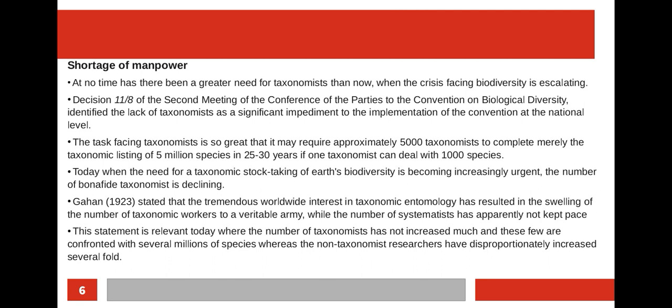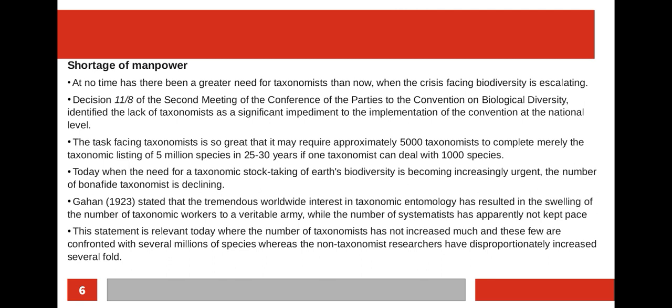The task facing taxonomists is so great that it may require approximately 5,000 taxonomists to complete merely the taxonomic listing of 5 million species in 20 to 30 years, if one taxonomist can deal with 1,000 species. Today, when the need for a taxonomic stocktaking of Earth's biodiversity is becoming increasingly urgent, the number of bona fide taxonomists is declining.